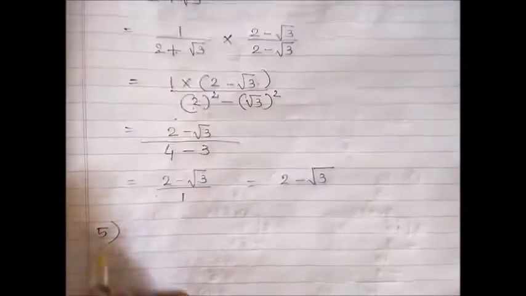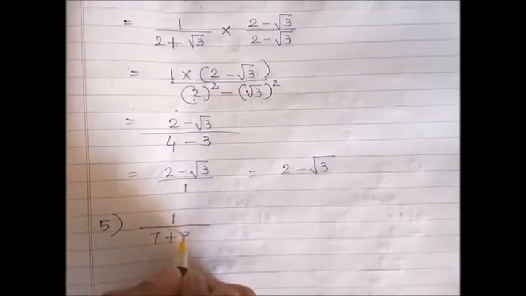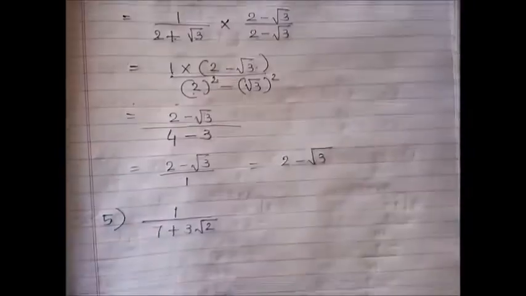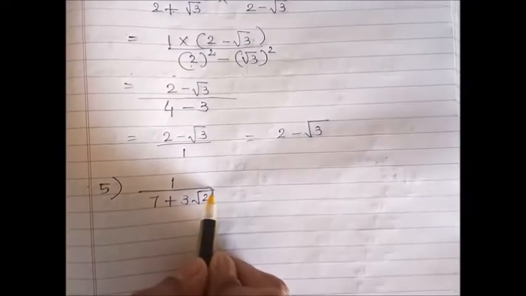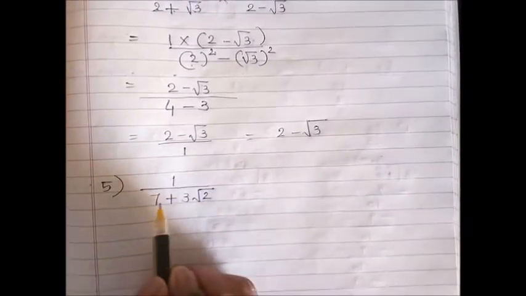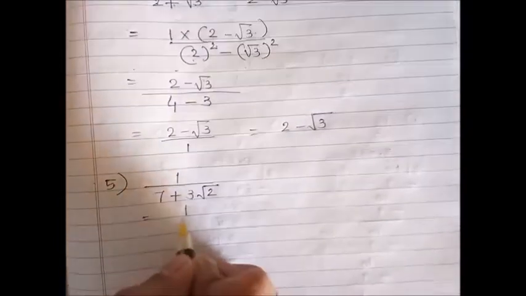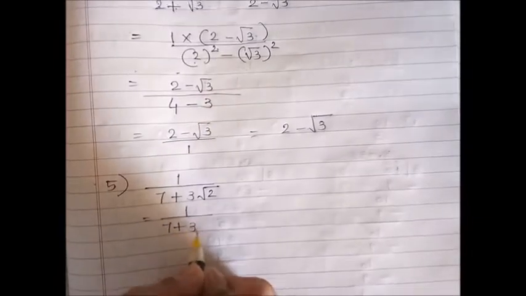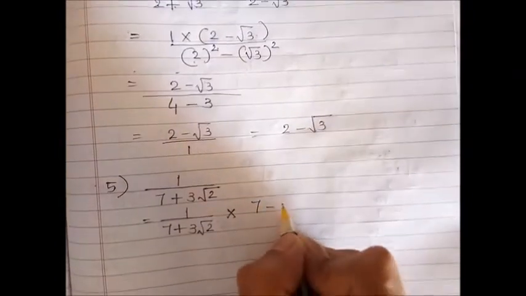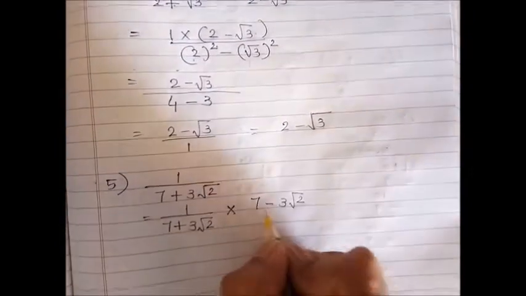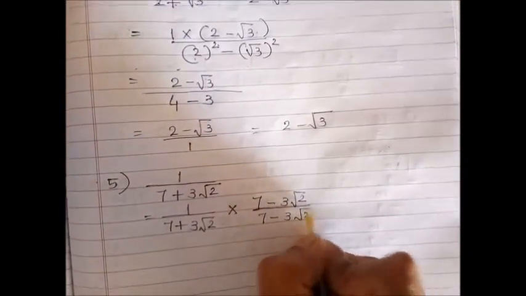Let's take one more sum, that is 1 upon 7 plus 3 root 2. As I said, with the same but with the opposite sign, that is 1 upon 7 plus 3 root 2 multiplied by 7 minus 3 root 2 divided by 7 minus 3 root 2.